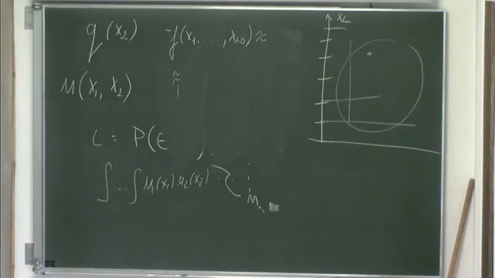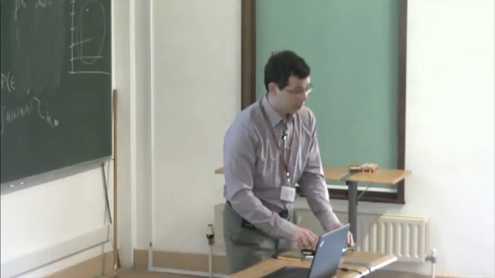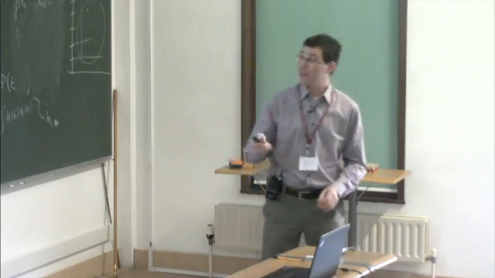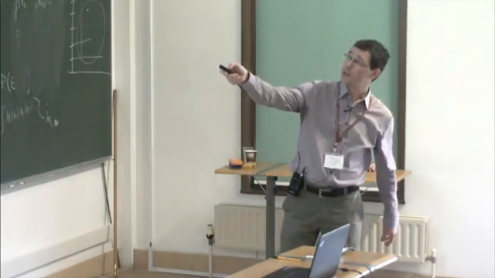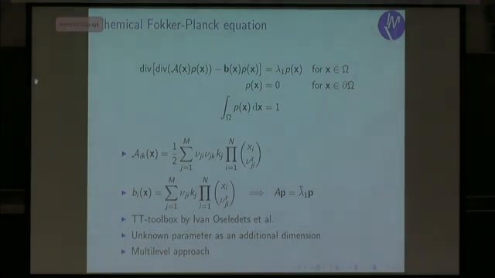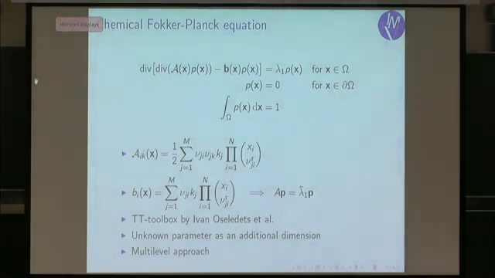Well, on the next slide, I am back with the Fokker-Planck equation. In the Fokker-Planck equation, I don't have a right-hand side f, but I have these coefficients f, a and b. And if you write down how this diffusion coefficient and drift coefficient look, you end up with such formulas. And you see that these formulas have this nice product structure. It is a sum of something, but it is a product of these, and every term in this product depends on just one variable.